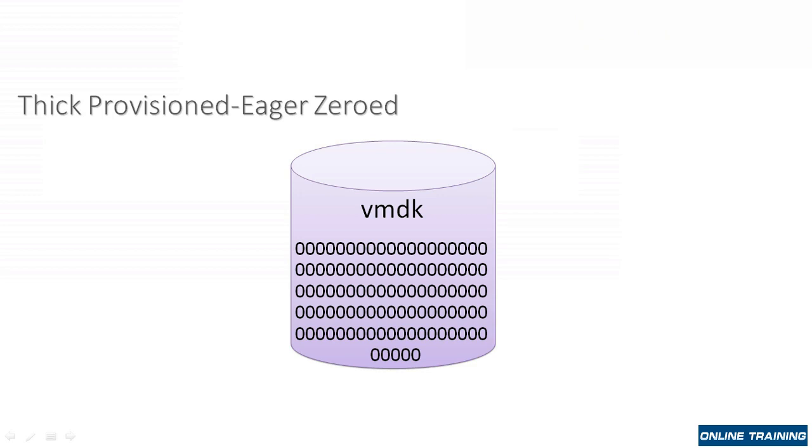But thick provisioned disks have all zeros written up front when they're created. So they're not going to have to complete that zeroing operation when new data is going to be written. So for this reason, thick provisioned, eager zeroed virtual disks are recommended for VMs with write-intensive workload. Things like SQL virtual machines or SharePoint VMs.